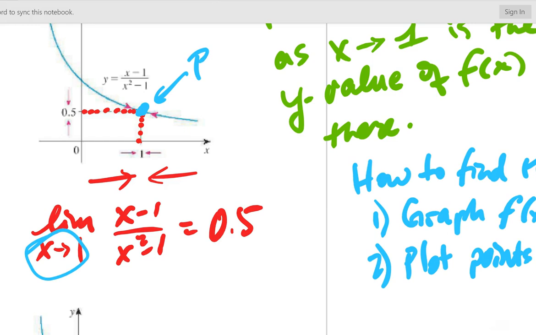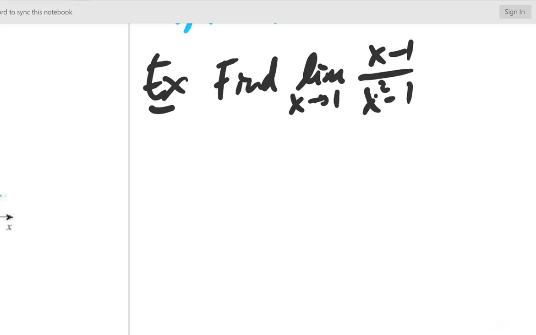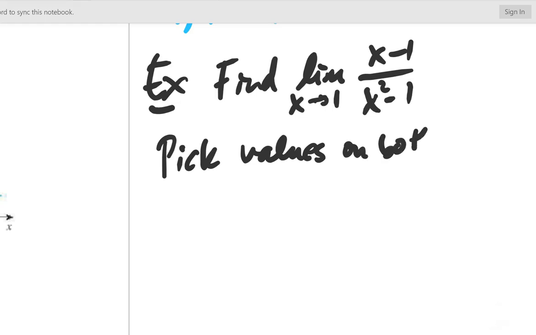So what we could do that for this problem here, (x minus 1) over (x squared minus 1). What we could do is, for example, find the limit. You can pick values on both sides of 1.